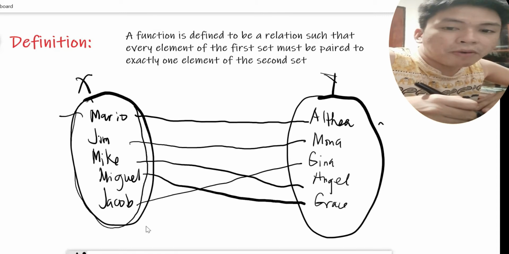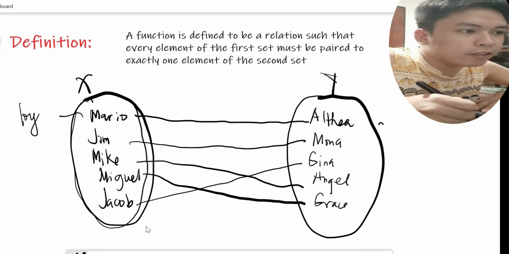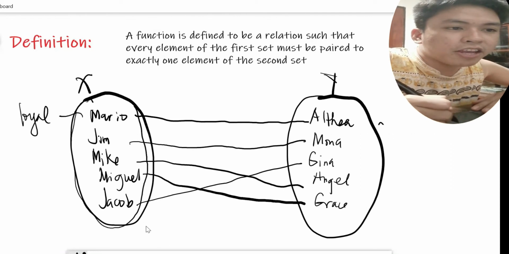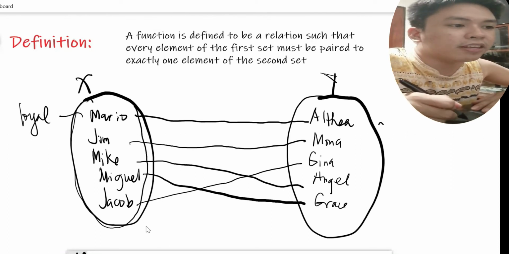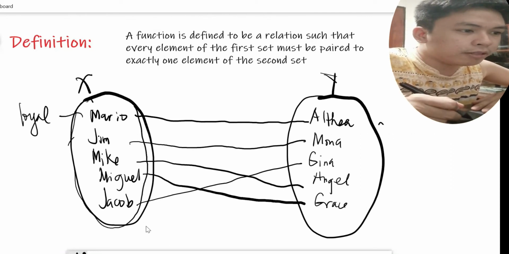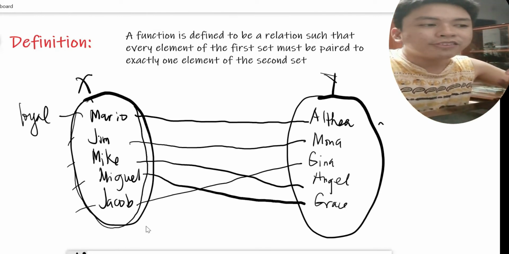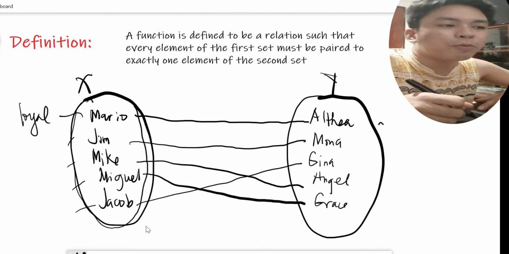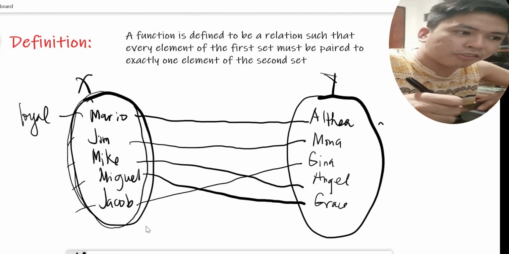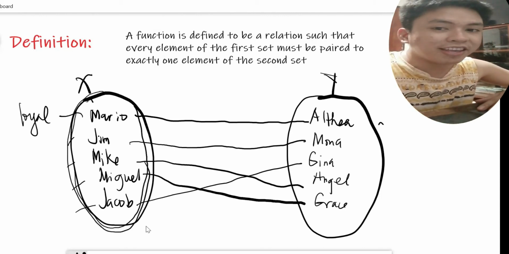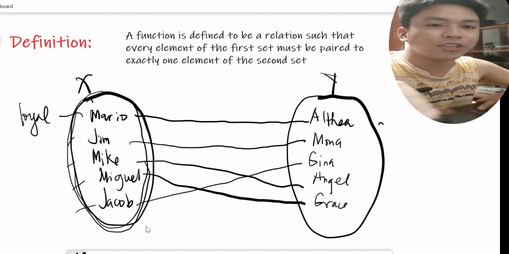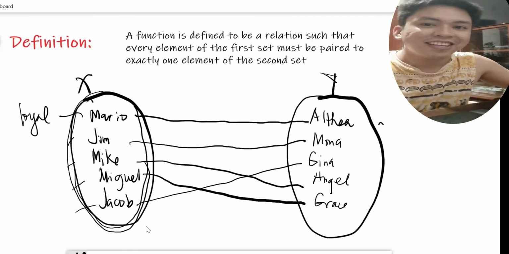In this case, Mario is loyal, so he is only in a relationship with one person. Jim is also loyal, Mike is loyal, Miguel and Jacob are loyal. So we have to make sure that the boys here, because they belong to the first set, should be loyal to make sure that they are actually following the definition of a function. That's it.